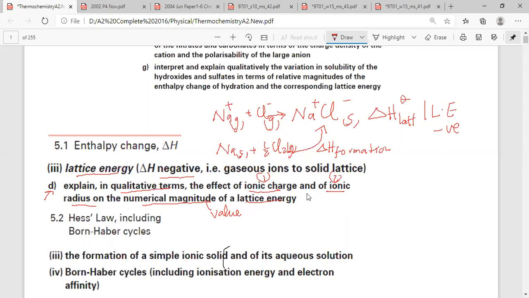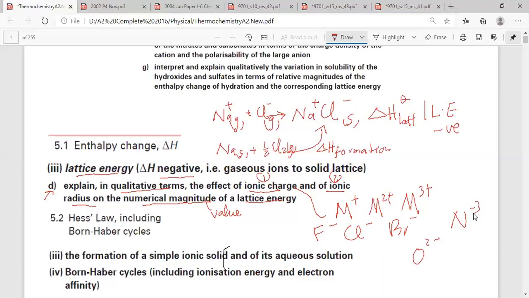One, of course, is the charge of the cation, here M plus, or M2 plus, or M3 plus, and the charge of the anion, because an ionic substance has a positive and negative charge. Normally, like Cl minus, F minus, Br minus, or O2 minus, or N3 minus. So all these are the charges.